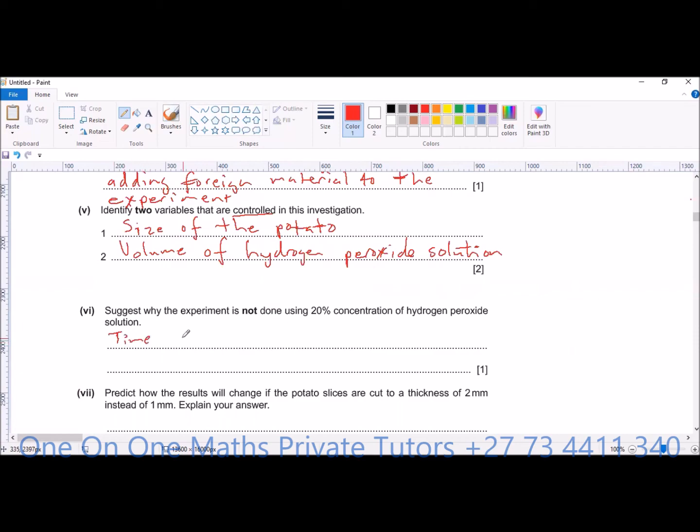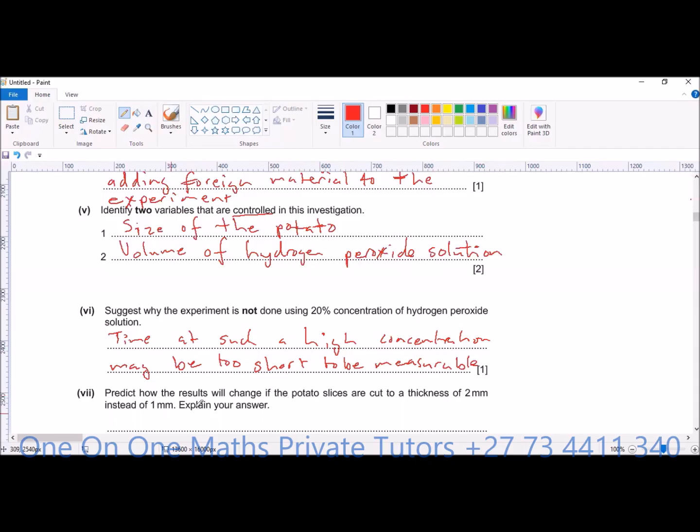Time at such a high concentration may be too short to be measurable. All right, we would want to measure something like 5 milliseconds. All right.